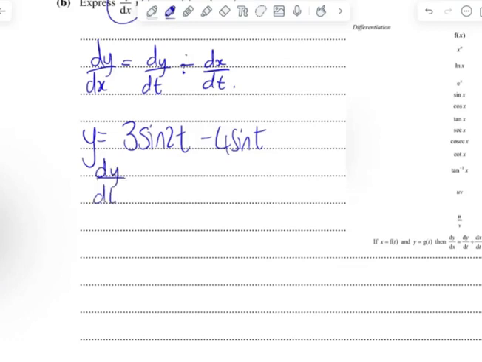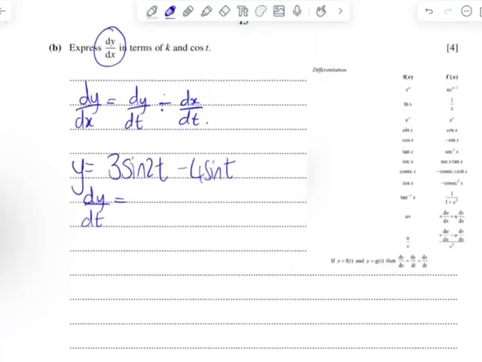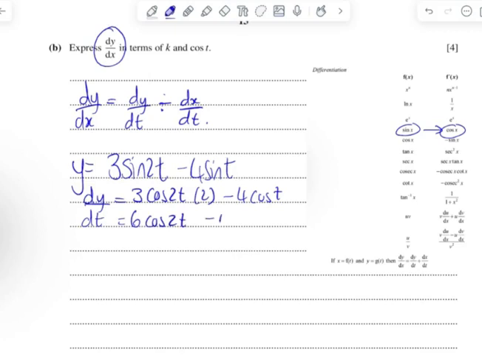Dy over dt. Now you've got to go and take your derivative. We can see that sine goes to cos. Okay, so I'm going to keep my coefficient. Sine becomes cos. And then I have to multiply everything by the derivative of the inside. Okay, that one also changes. All right, that is my derivative for y.